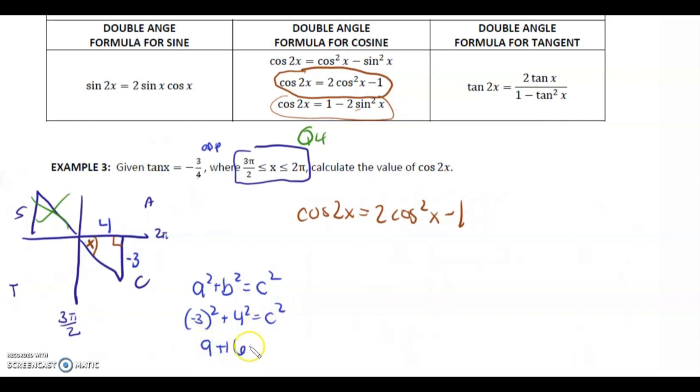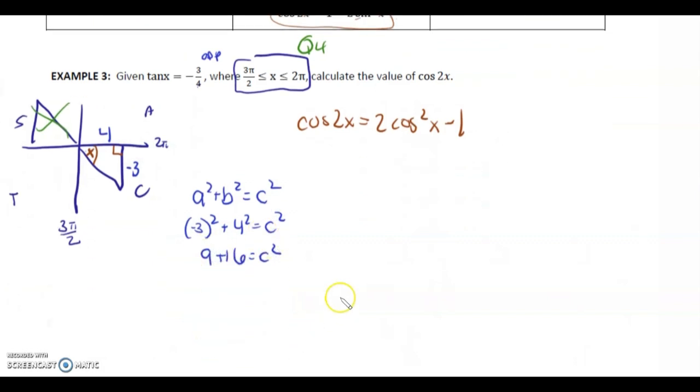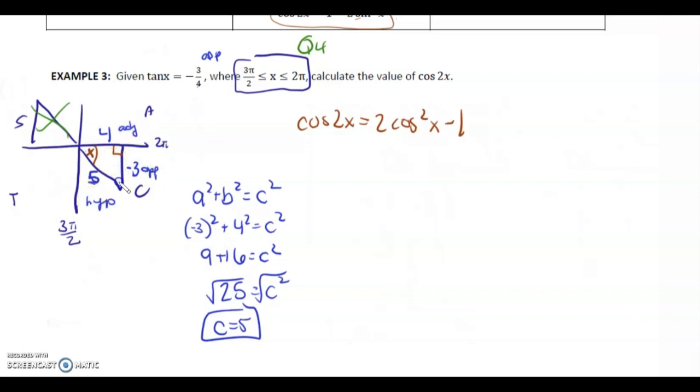So 9 plus 16 equals c squared, which is 25. So our c is 5. This is a common triangle, 3, 4, 5. Usually students learn it when you learn Pythagorean theorem. So this is opposite, this is adjacent, and this is hypotenuse.